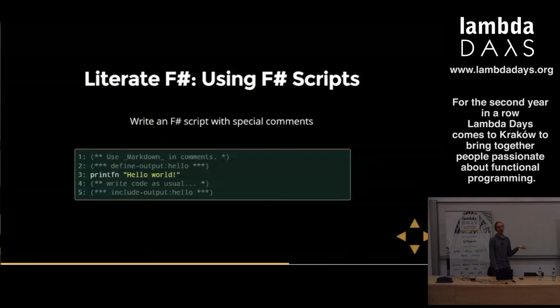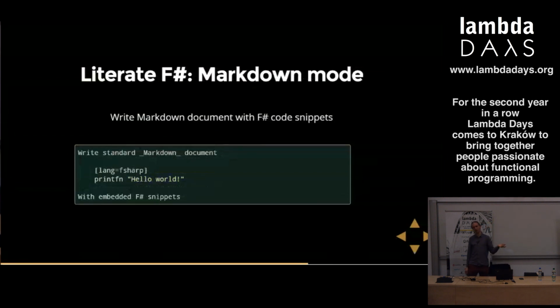The other option is that you can write Markdown and just have special FSharp blocks in it. Again, the FSReveal library can deal with this as well. You just write Markdown, GitHub will show it nicely on the page, and then you have special FSharp blocks, and FSReveal will pick these, format the code, and it can run the code as well.